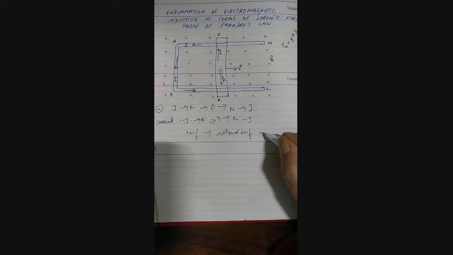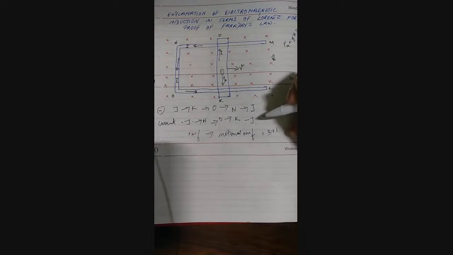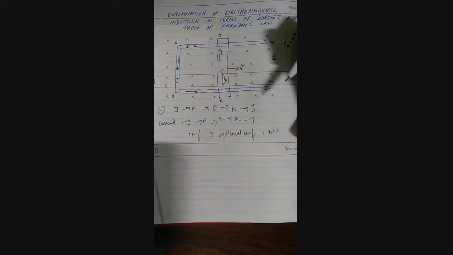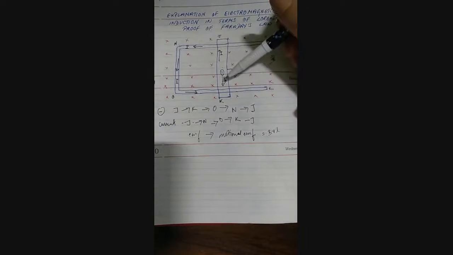We have also derived the value of motional EMF, which was BVL, in the previous derivation. It is due to the Lorentz force acting on the free electrons in the moving rod that the EMF and current are generated.